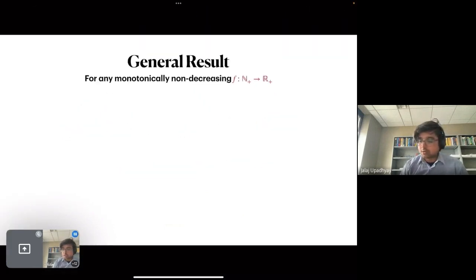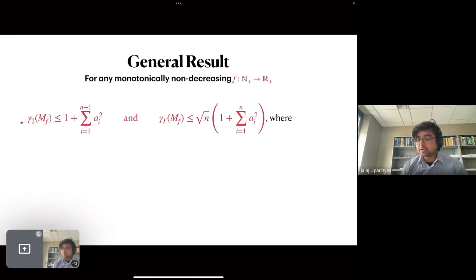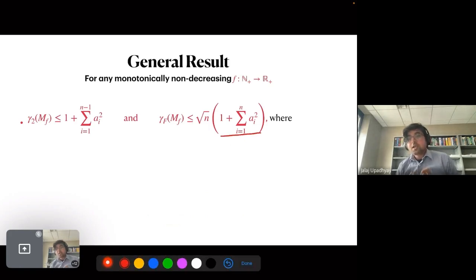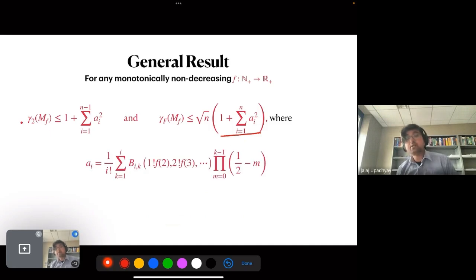Just using the fact that the gamma F norm is square root of n times the gamma 2 or CB norm, I get this inequality. Now, what is this a_i? That is the thing. a_i depends on the function itself, in the form of evaluation of Bell's polynomial.